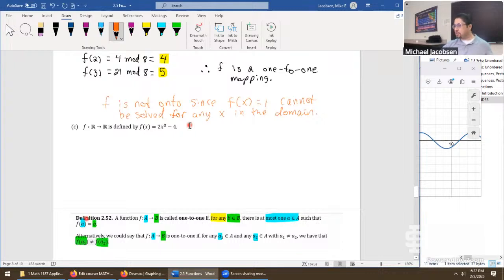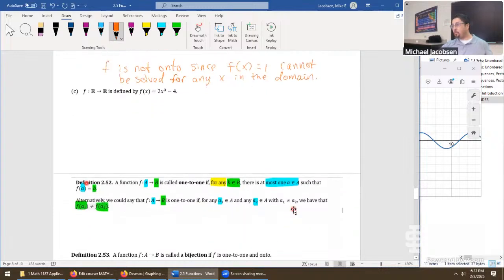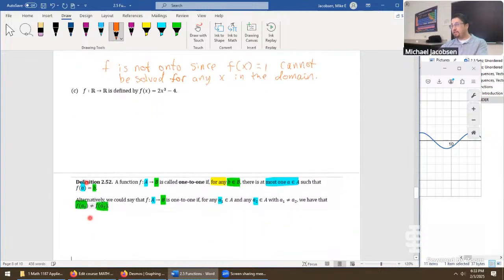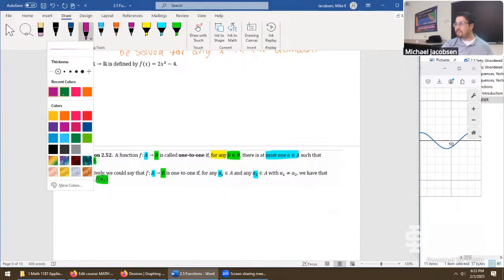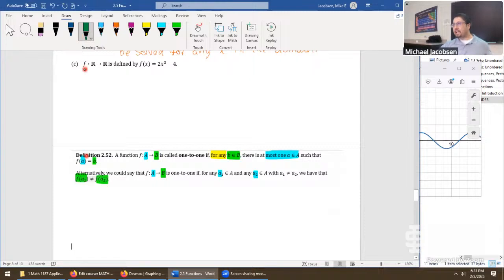What should we do? Well, there's lots of approaches. We can think of the core definition, or go with the statement here where it says alternatively. We could say for any A1 and A2 in A, with A1 not equal to A2, f of A1 does not equal f of A2. And then you can turn this around again. If you want to attack a problem like part C right here, oftentimes we use this approach.